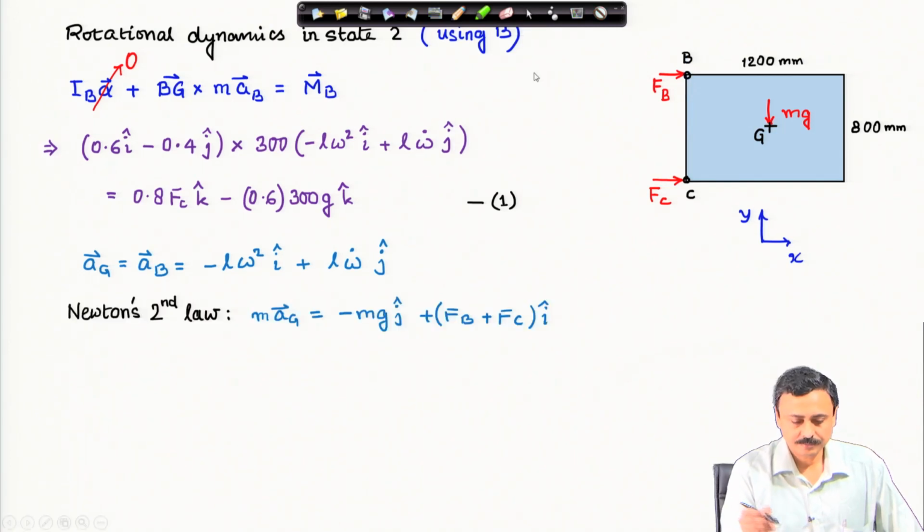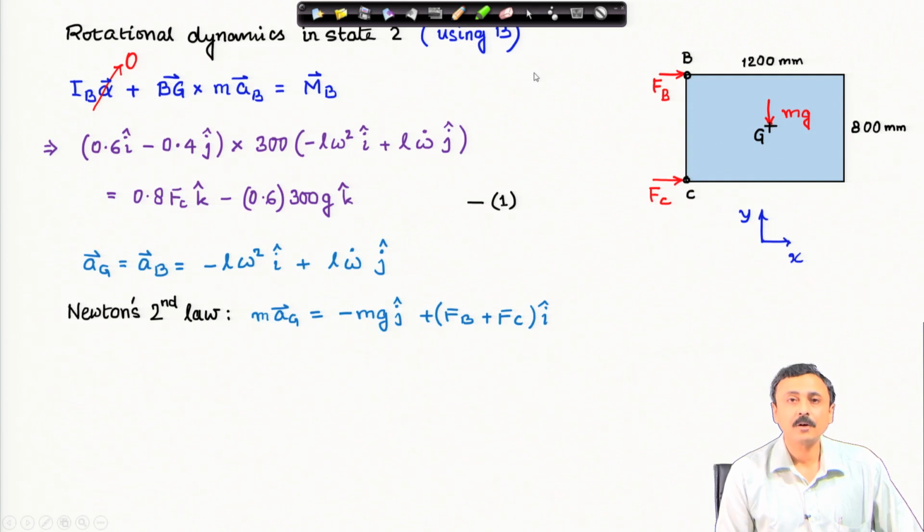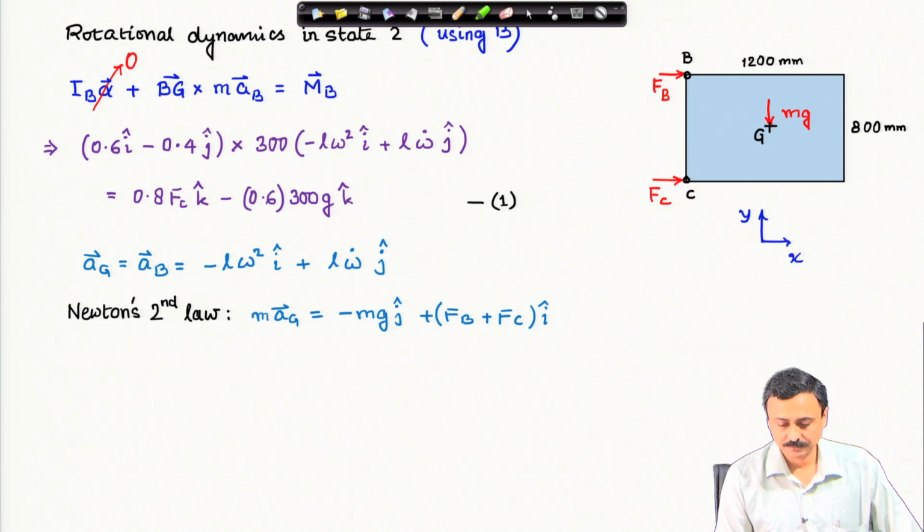If I now write down Newton's second law for the plate, for the center of mass of the plate, mass times acceleration of center of mass of the plate is equal to the net force acting on the plate. We have the weight and the two forces in the x direction.